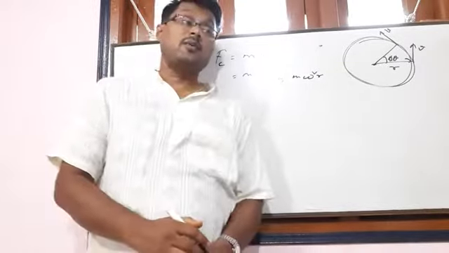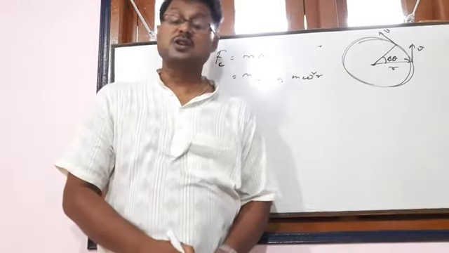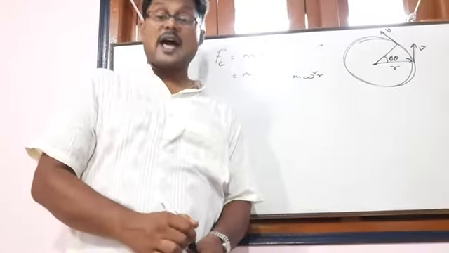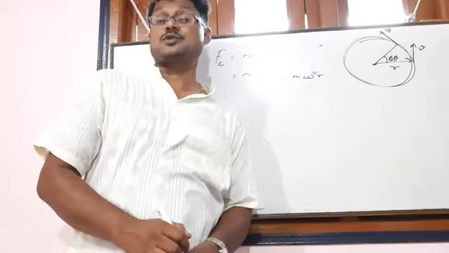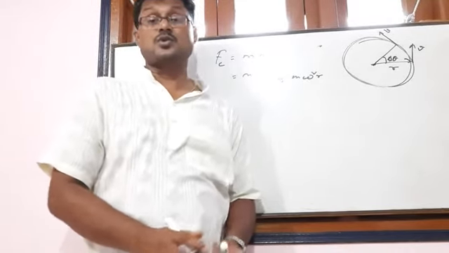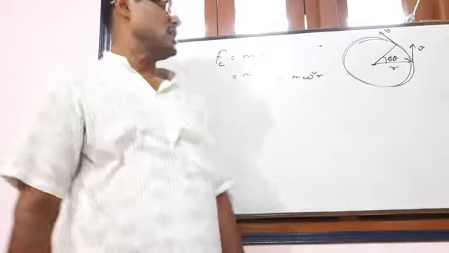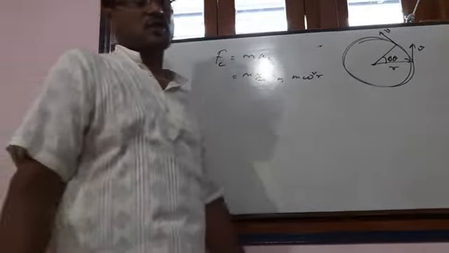So whenever we want to produce centripetal acceleration, we have to supply a force known as centripetal force, which is m v square by r.